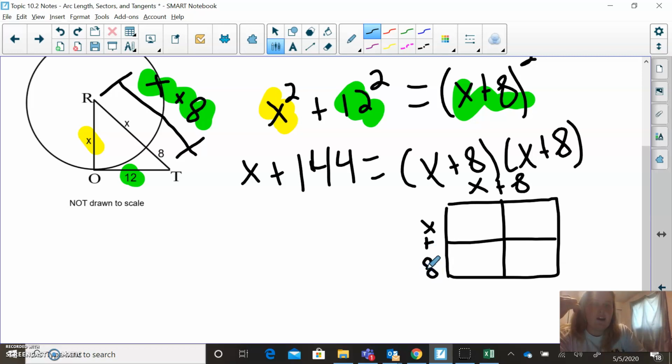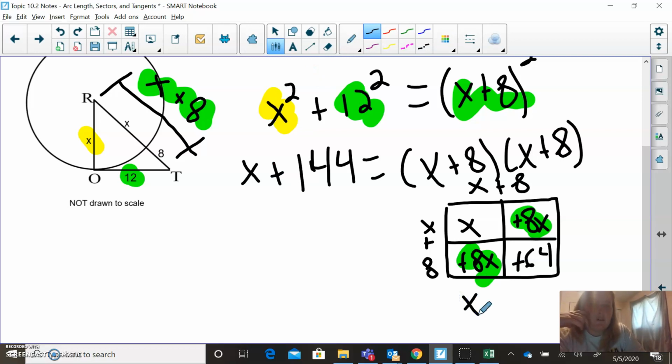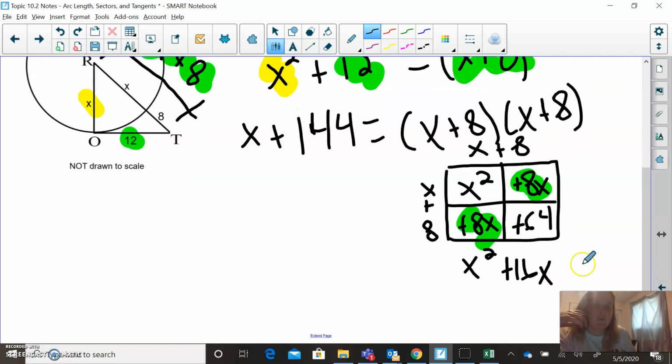X times x is x squared. X times 8 is 8x. 8 times x is another 8x. And then 8 times 8 is 64. Now we have like terms here, the 8x and the 8x. So you get x squared plus 16x plus 64.